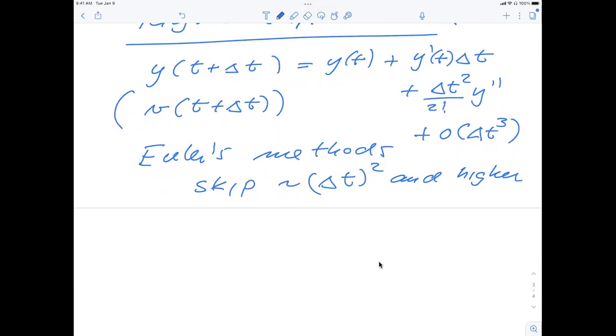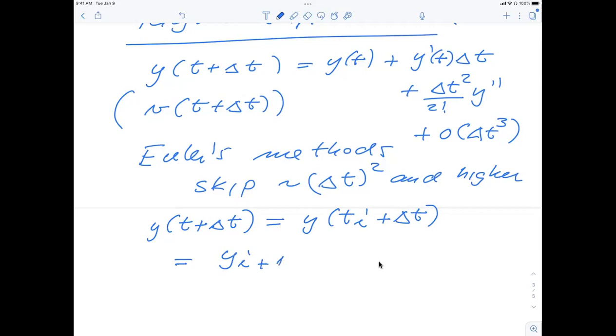So when we now look at the equation, we are also going to rewrite this t plus delta t in terms of t_i, a given time, plus delta t. And we are going to use a shorthand here with i plus 1, so we just move 1 time step ahead.